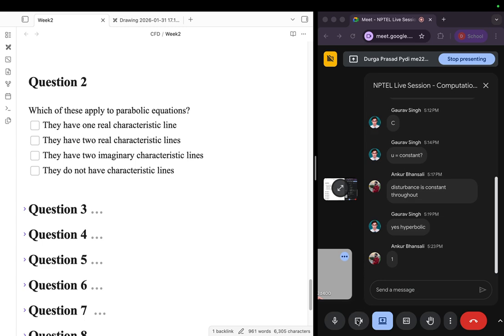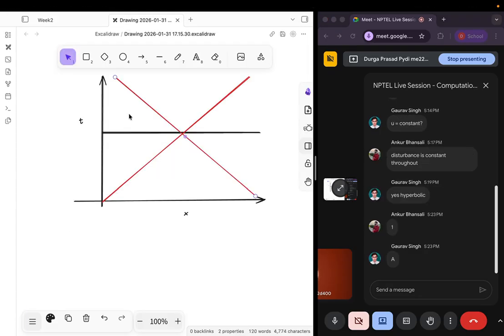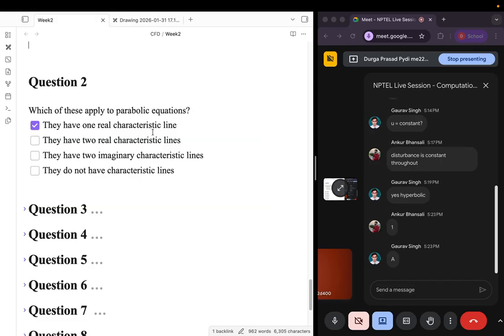One, yes. They have one real characteristic line, and that is the one that we have seen here. So the two roots are becoming one. Two characteristic lines are for hyperbolic and imaginary ones are for the elliptic problems.